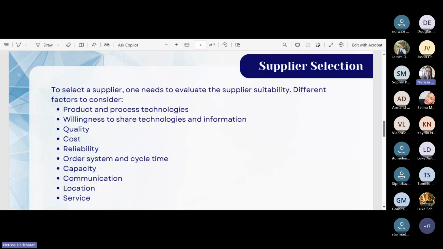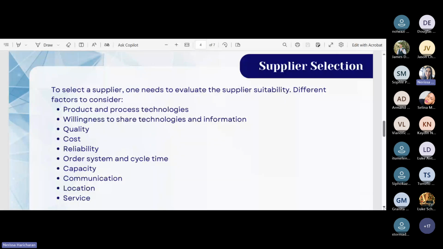It's a lot repetitive from the last 2 slides that we did, but it's looking at technology and the process technologies, whether you're willing to share that information, quality, cost, reliability, the capacity of suppliers, capacity of yourself, where are they located, do they have enough facilities, what is their service level. So asking all of those questions allows you to understand whether you should go with that particular supplier or not. And we'll go into it a little bit more in detail.